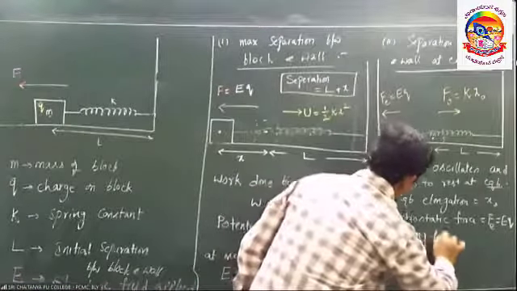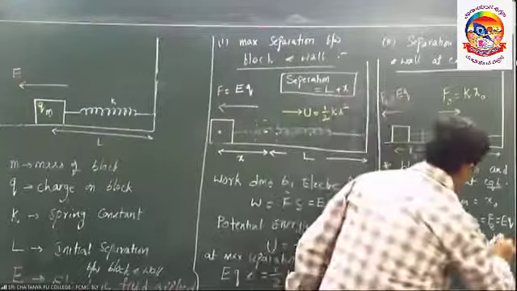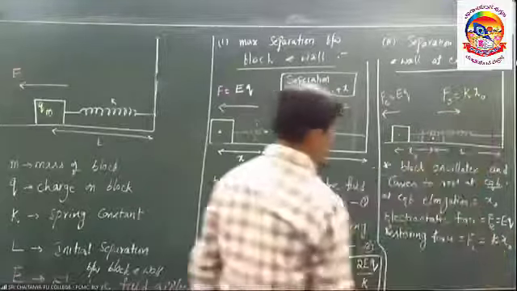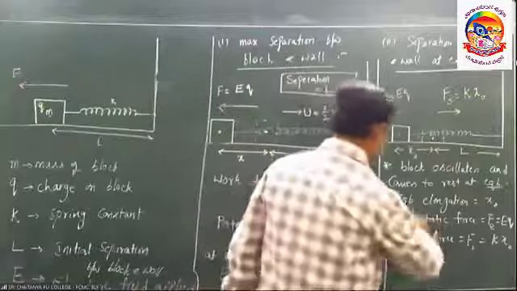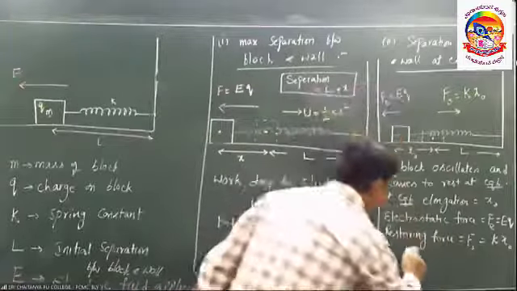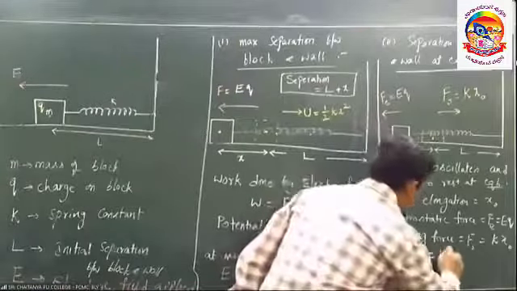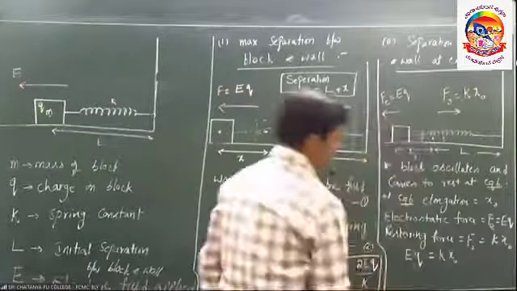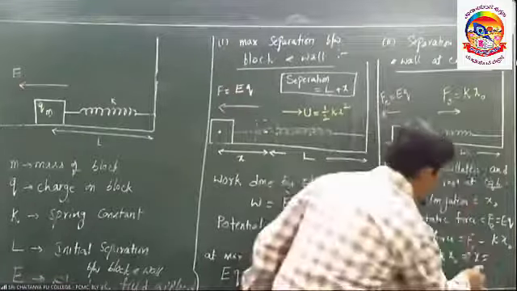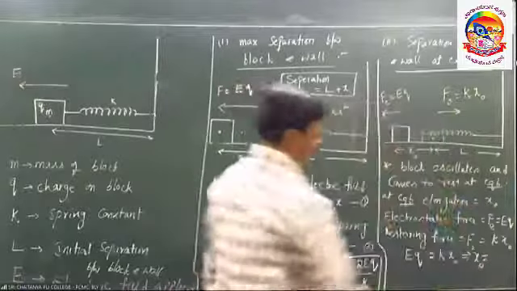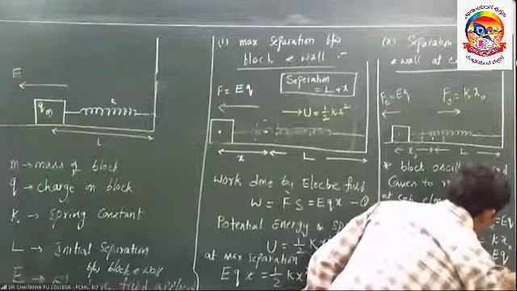The restoring force that develops in the spring is Kx naught. At equilibrium, these forces are equal, right? At equilibrium, EQ is equal to Kx naught. Then what is x naught? x naught is EQ by K.